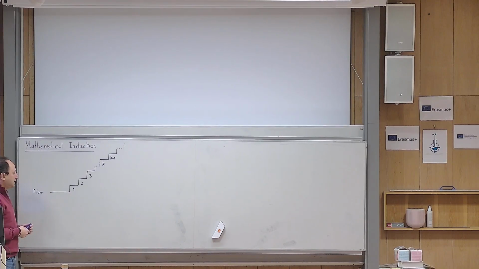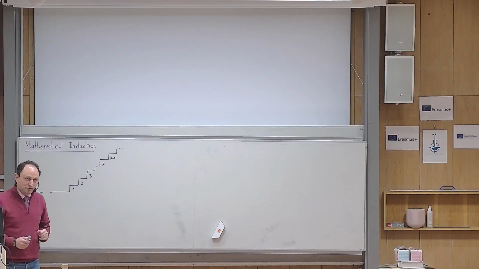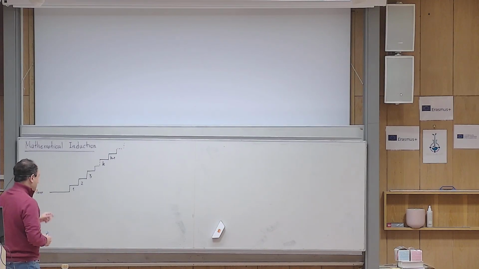So let us say that you have a toy or whatever. You know that the toy, when you put the toy here and it moves here, someone guarantees you that this toy can climb the first stair. Okay, let us assume that this is guaranteed. You have it from the manufacturer, or whatever, when you want to buy this toy.